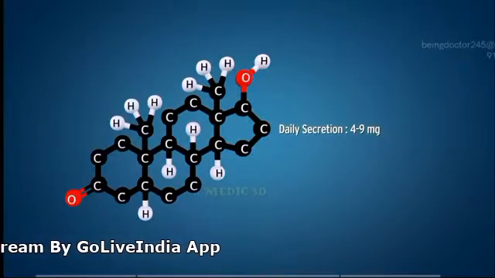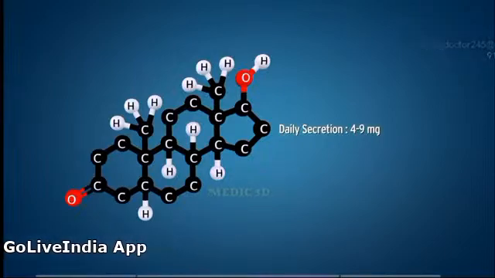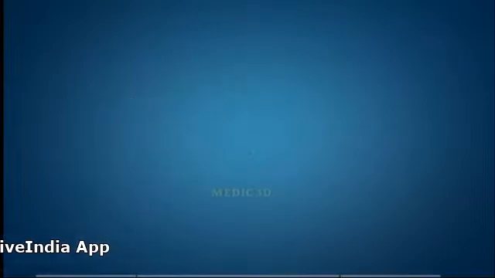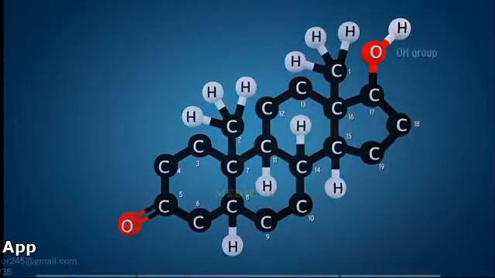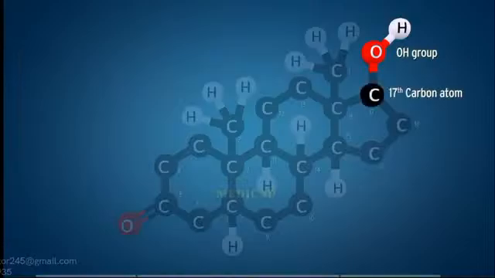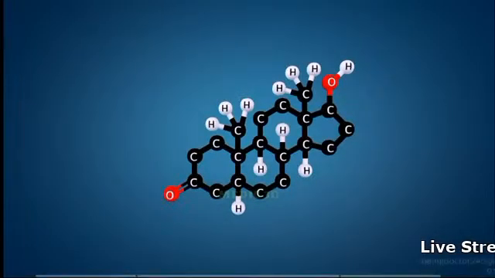However, a small amount is also secreted by the female ovaries and adrenal glands. Testosterone is a C19 steroid hormone with OH group present at the 17th carbon atom. Both cholesterol and acetyl coenzyme A are the precursors of the synthesis of testosterone.